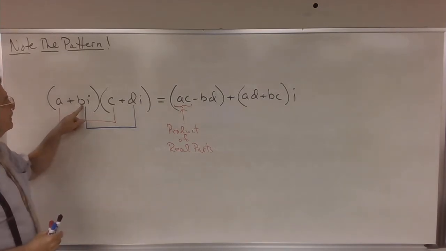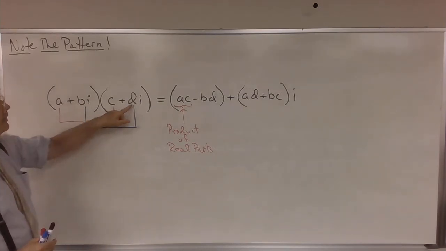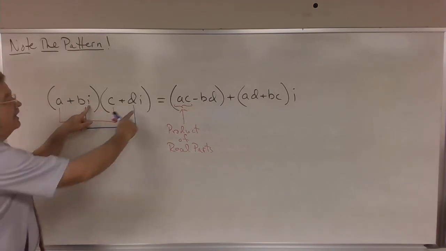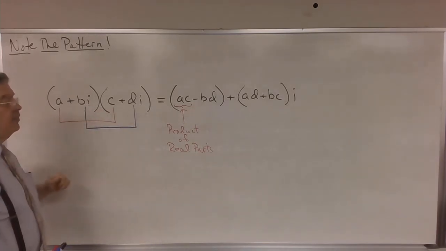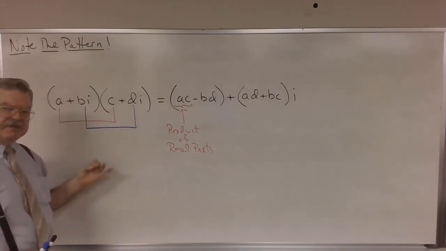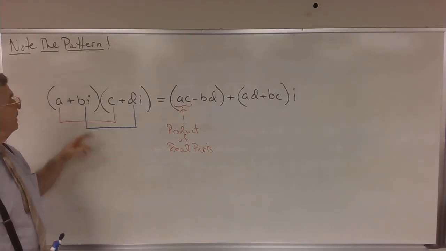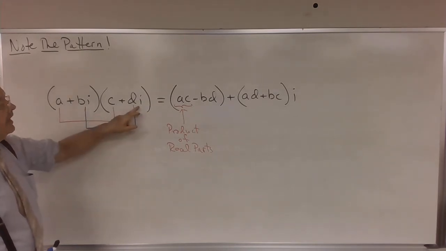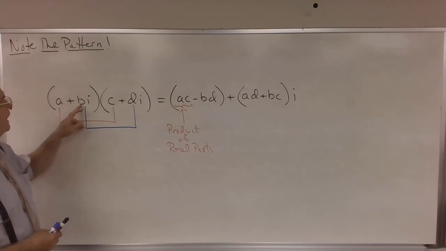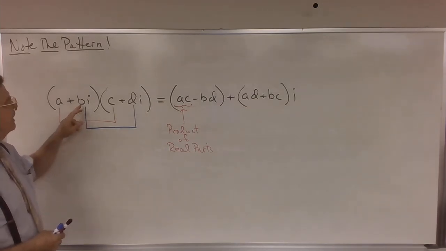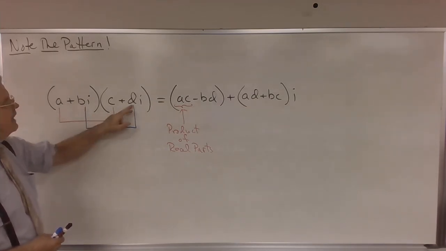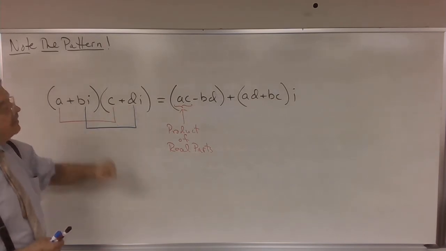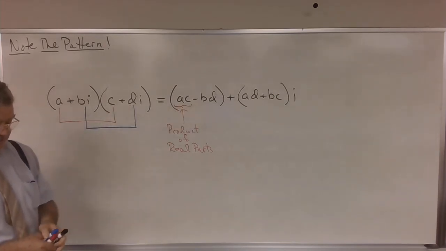So we have real number b, real number d, times i squared, which is -1. That's a real number times a real number times a real number. bi times di is a real number. And we get imaginary part times imaginary part times -1.